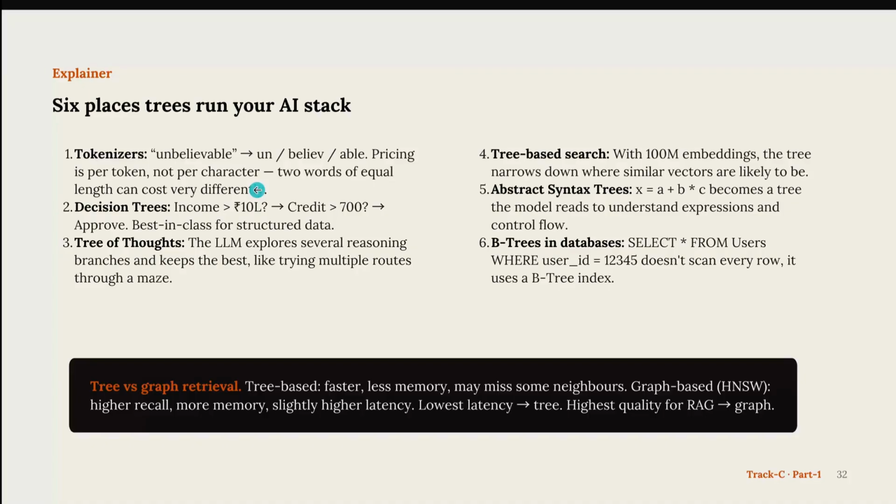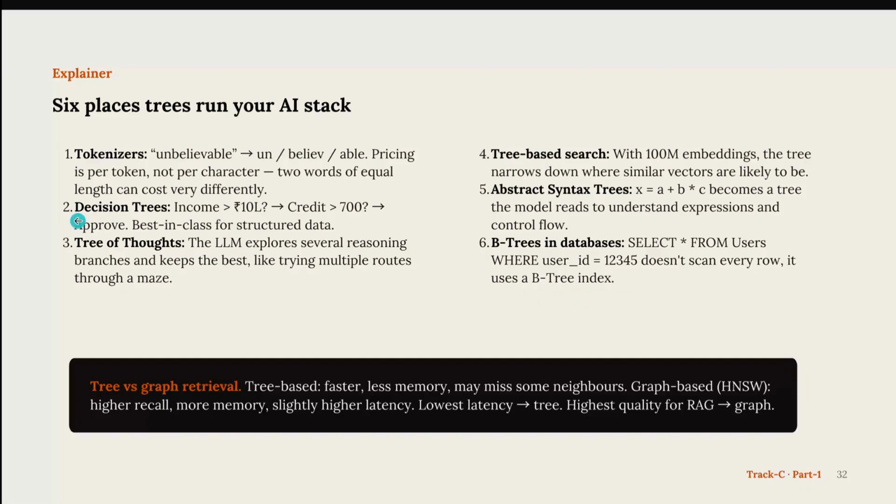Second, decision trees. Imagine if income is greater than 10 lakh and the credit score is 700, then approve. Sorry, here credit is not about giving credit, but more about the credit score. So decision trees are used when you have if-else conditions. Third, tree of thoughts: an LLM explores several reasoning branches and keeps the best.